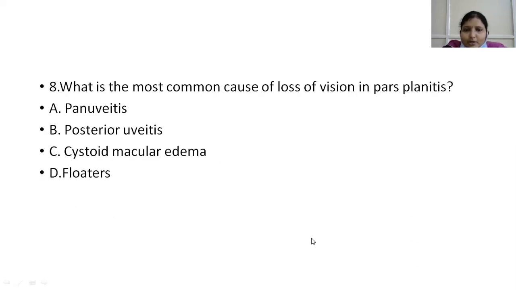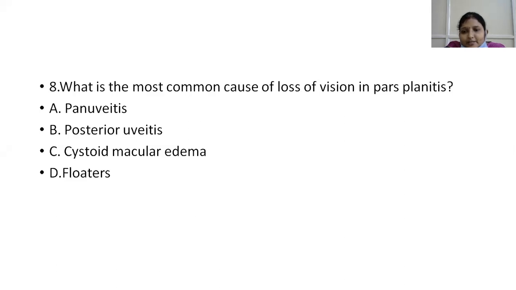So next question. What is the most common cause of loss of vision in pars planitis? Is it due to panuveitis, posterior uveitis, CME, or floaters? What is the most common cause of loss of vision in pars planitis? So it is cystoid macular edema.